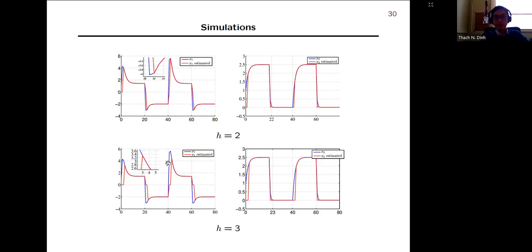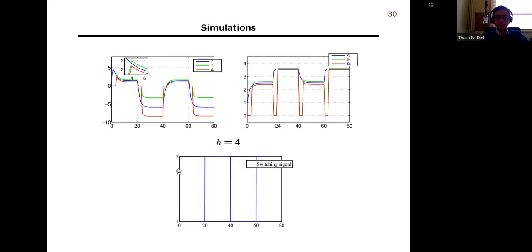Here the switching instants are known, so we can reset at the switching instant, and we do the same thing as employed from the first part of the talk, and we can obtain the exact estimate for the switched linear system.